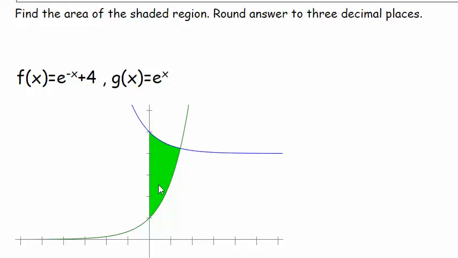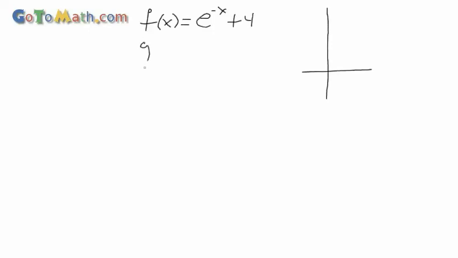So, we want to find this shaded region. We've got everything written down. Let's head over to the whiteboard. What I need to do first is write these down. So f of x is equal to e to the negative x plus 4, and g of x underneath it is equal to e to the x.